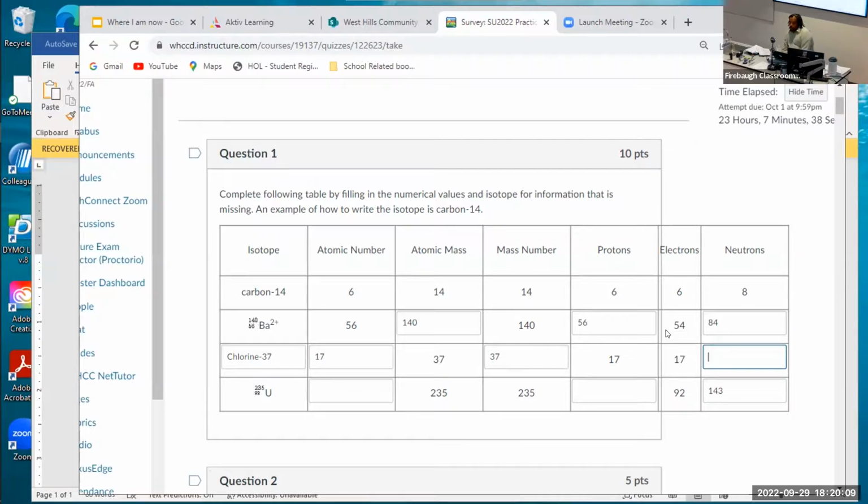What would be the number of neutrons? Okay, for the last one, what is the atomic number? What is the number of protons? You can answer.